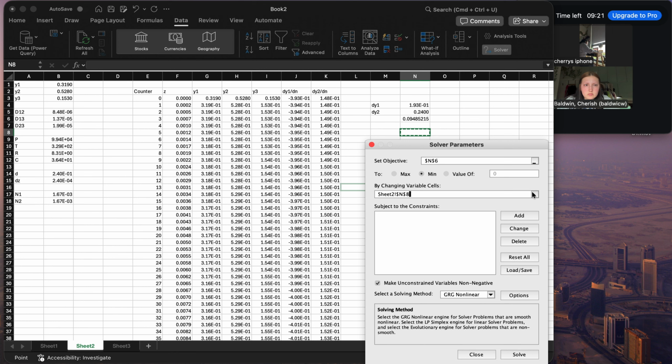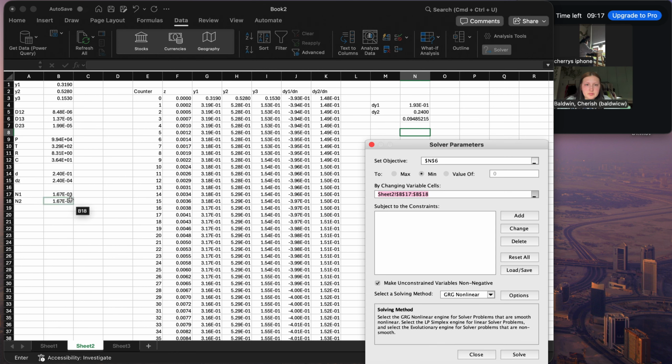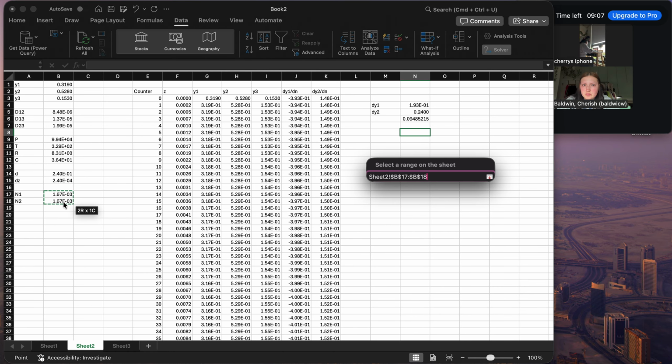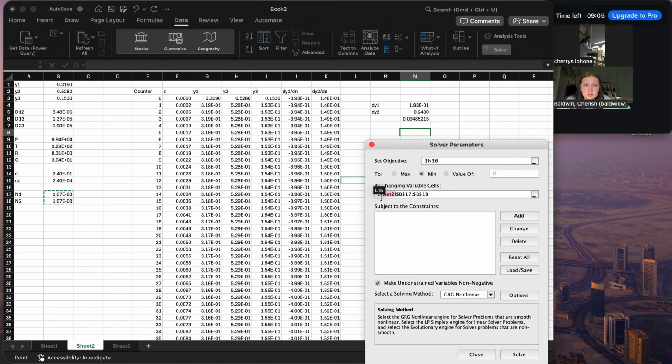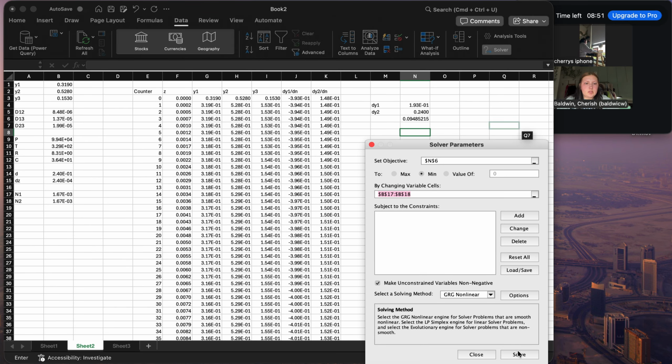What is happening? So yeah, we want B17 and 18, perfect. Solve.